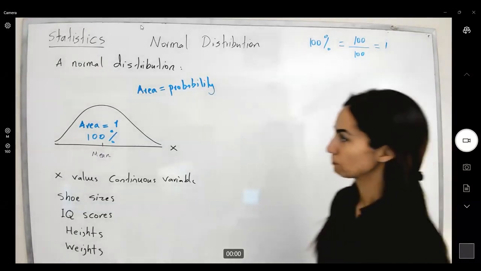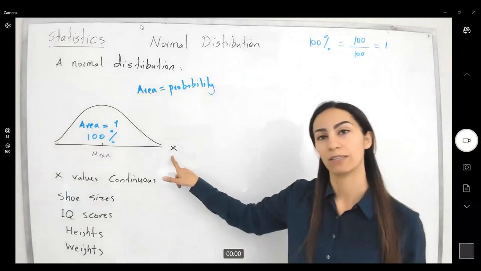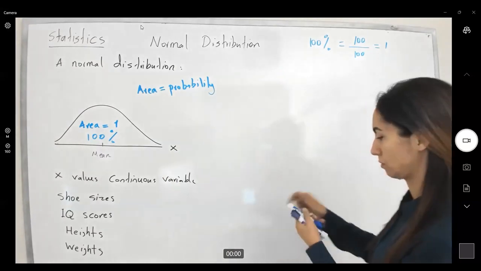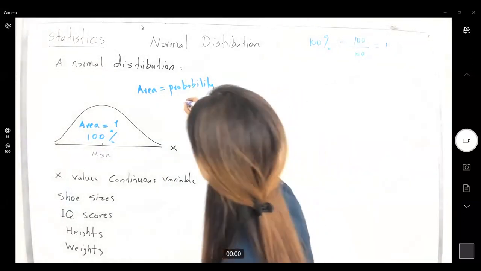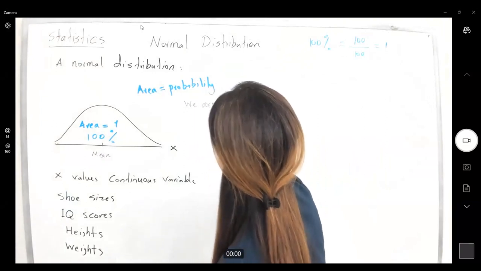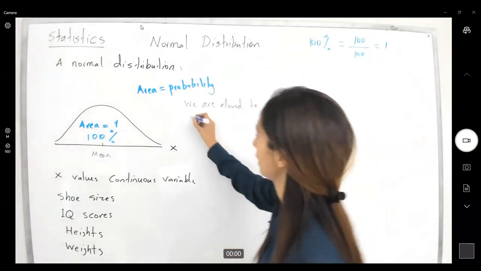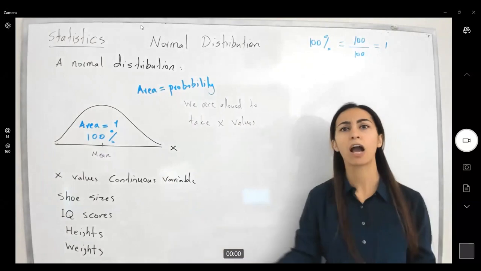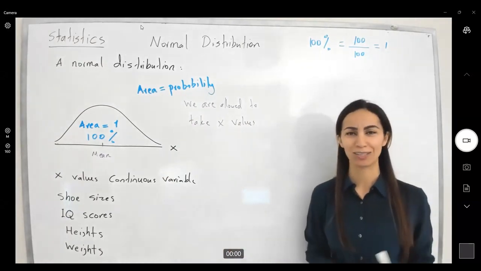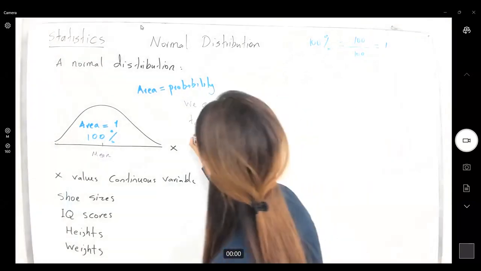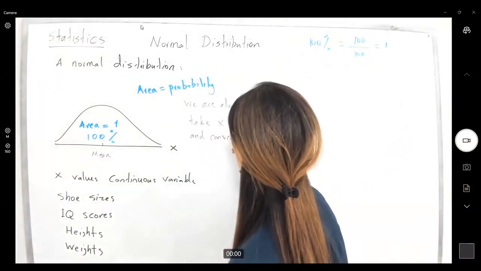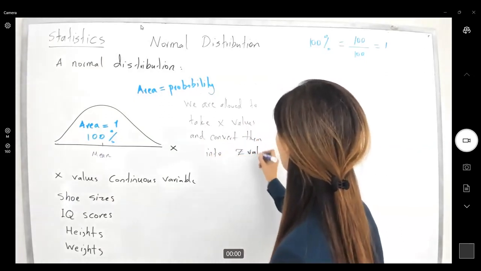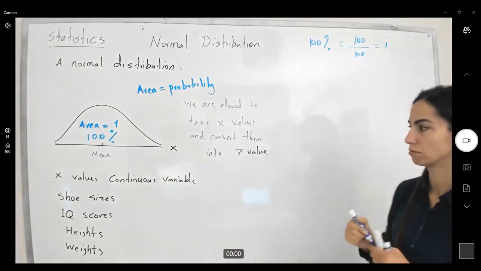Very well. One way is to take the X values, the confidential values, and convert them into something new that we call Z value, or Z score.